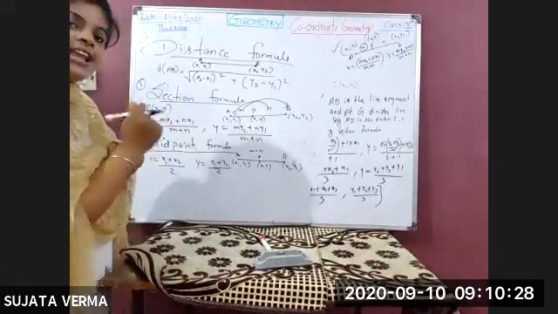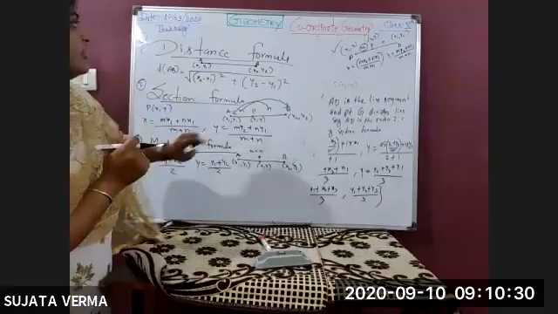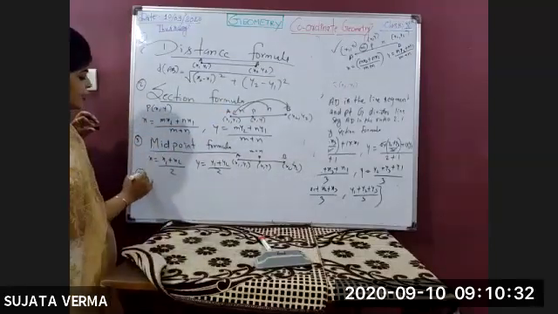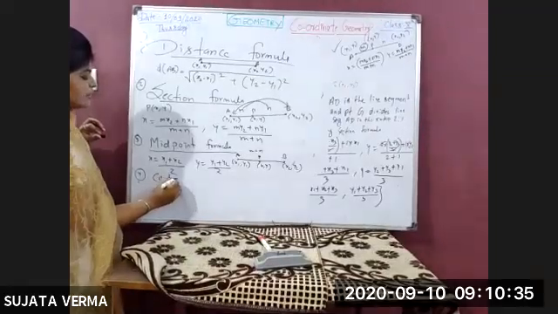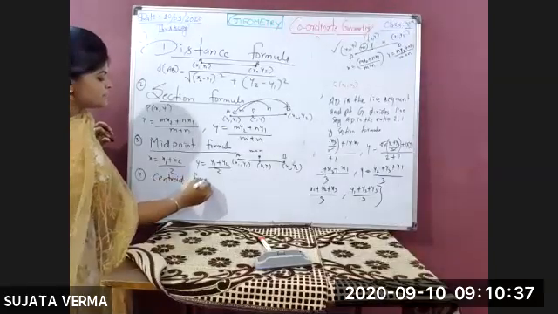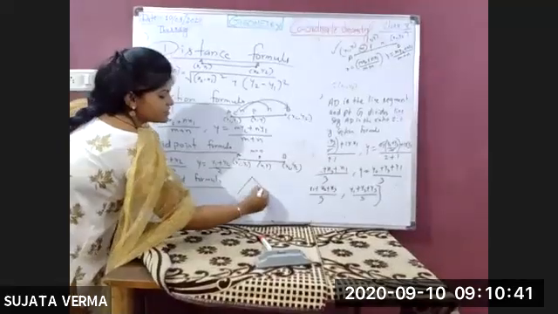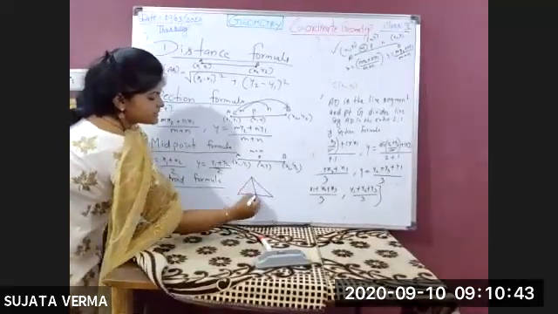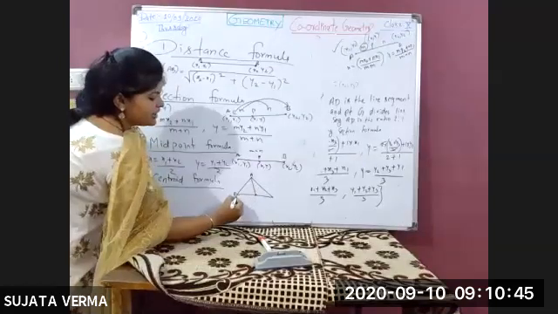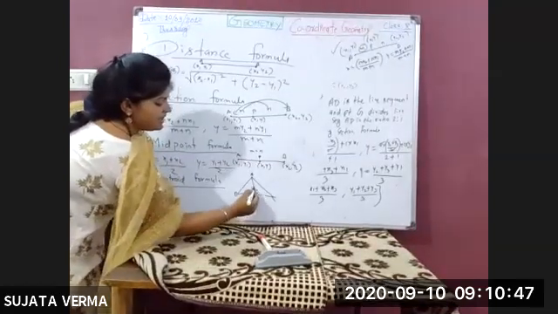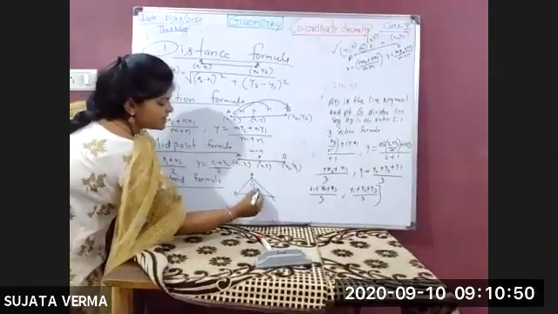And the last formula is the centroid formula. Clear? We draw a triangle ABC, AD is the median and G is the centroid.